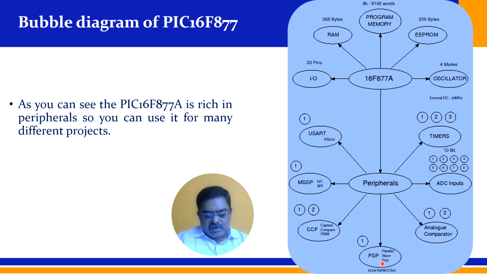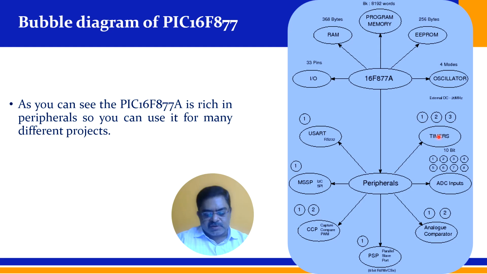You have the PSP, the parallel slave port, and you have ADC inputs, analog output, and the analog comparator. You have ADC inputs with 10 bits, and you can connect here.